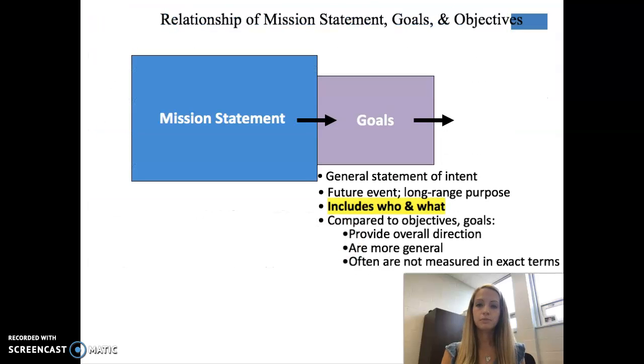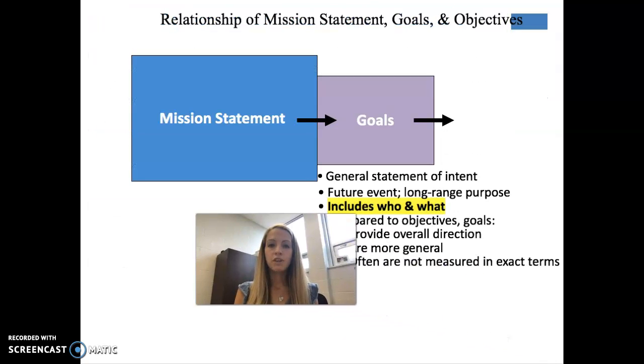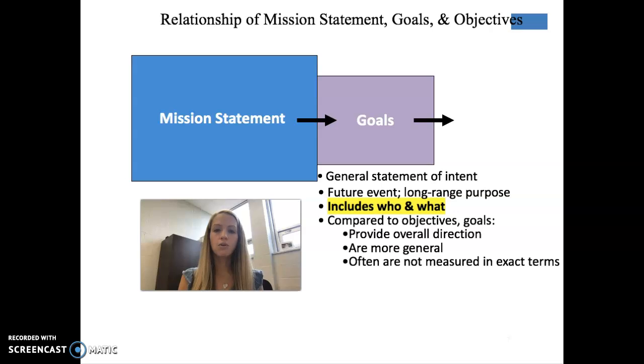All right, so moving on to our goals. Goals are our general statements of intent. They look at those future events and give us those long-range purposes. And these do include the who and the what. So who are we targeting and what are we doing, right?